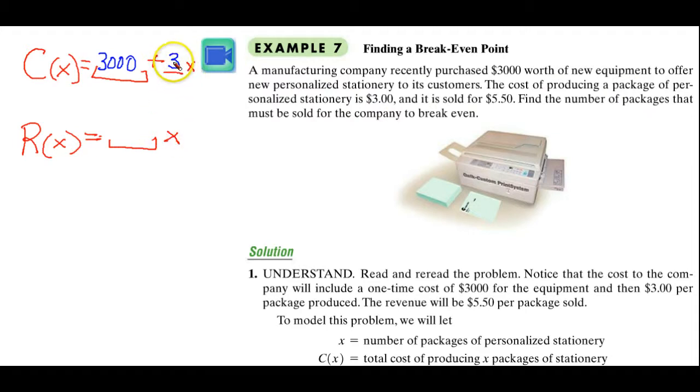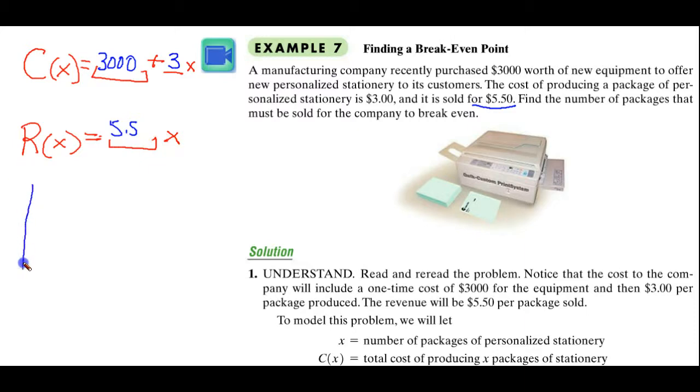So that's the cost of producing each package of stationery. But this is your startup cost. Now, they have decided that they're going to sell this for $5.50. Now, I could put the extra zero there, but I'll leave it off. That's $5.50 for every item they sell.